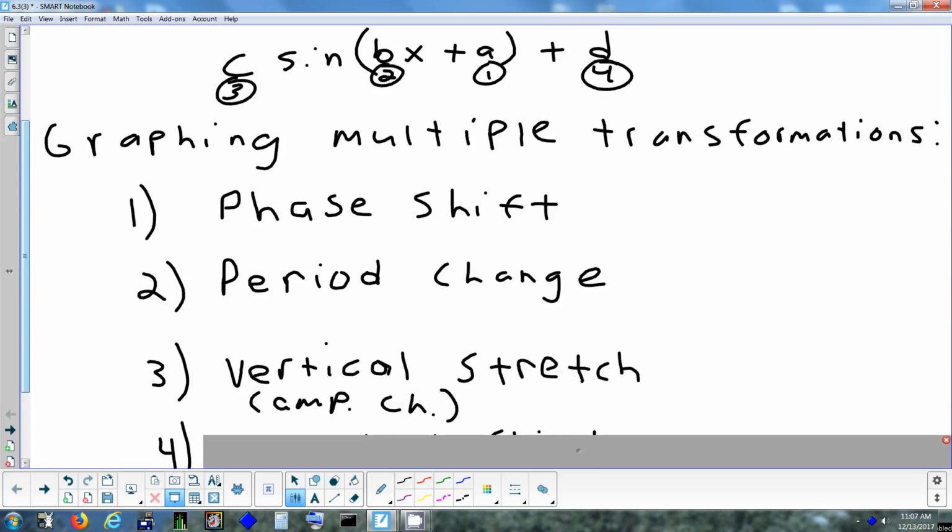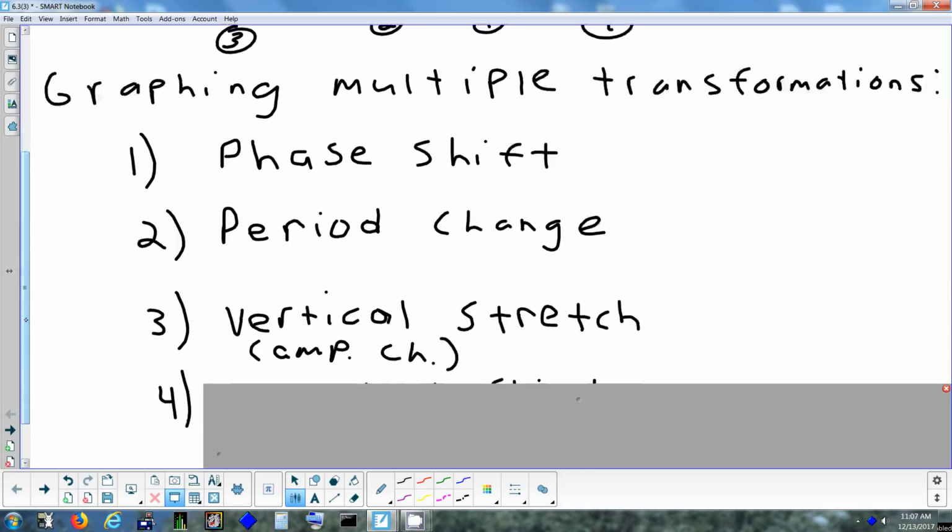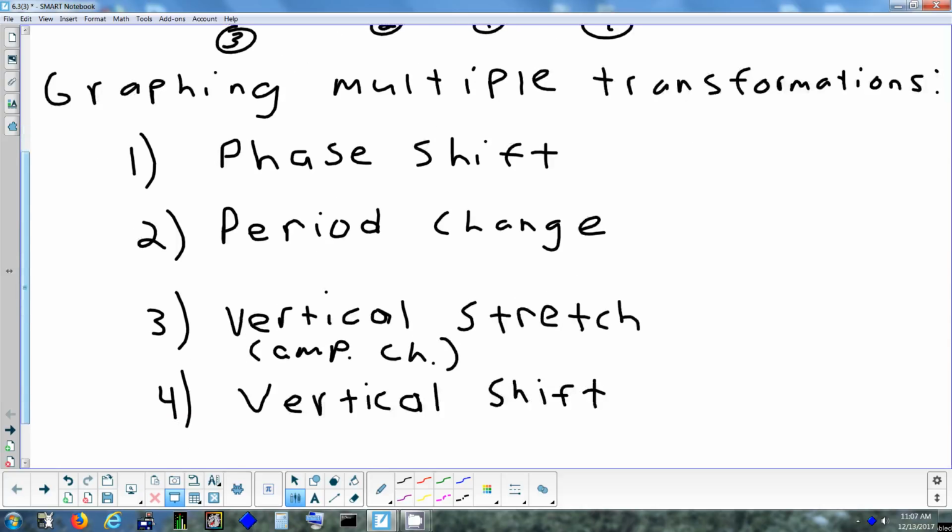And the last one. What's the fourth transformation? Up, or it could be down, and that's a vertical shift. Okay. So if you have a problem with multiple transformations, that's the order you do them in. You just do one at a time.